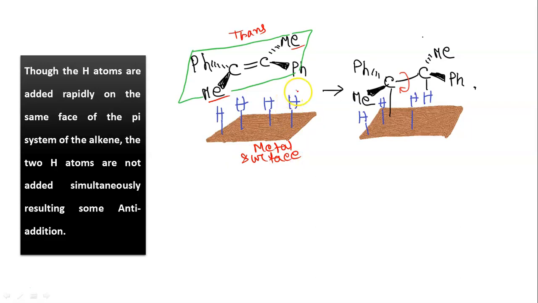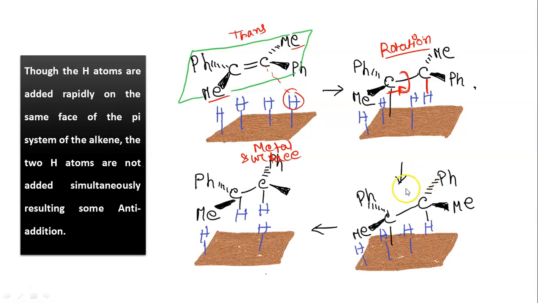After addition of one hydrogen, you can see now the CH bond is there. There may be rotation around this CC bond. This is rotation. So suppose before the second hydrogen is added to the second carbon, there is rotation around this CC sigma bond, then what will happen?